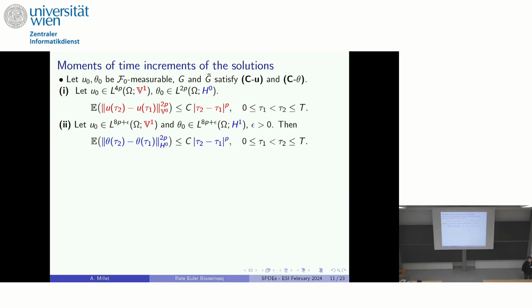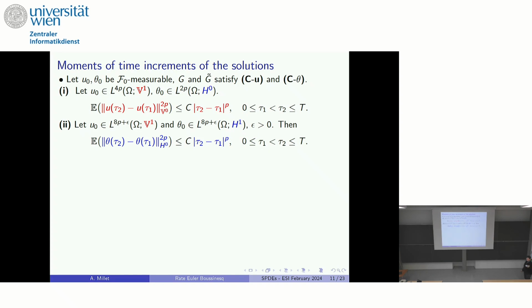But I just want to attract your attention to one point. Here I'm controlling the L2 norm, and I started with an initial condition which is more regular. I asked my initial condition to be in H1. The reason is that the term which involves the initial condition, if I write it in the mild form, will be well behaved, but not too close to 0.